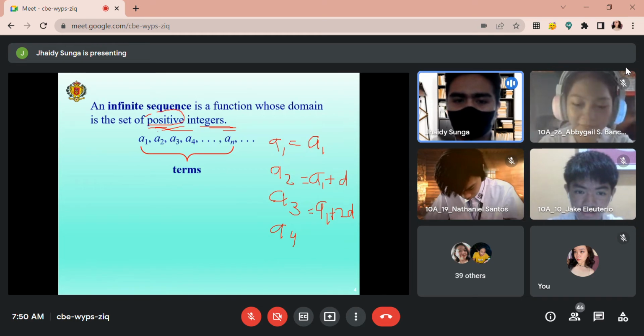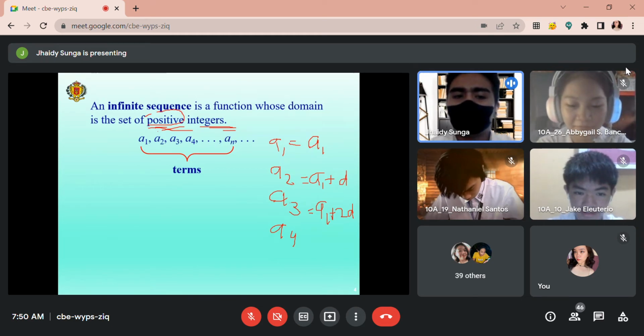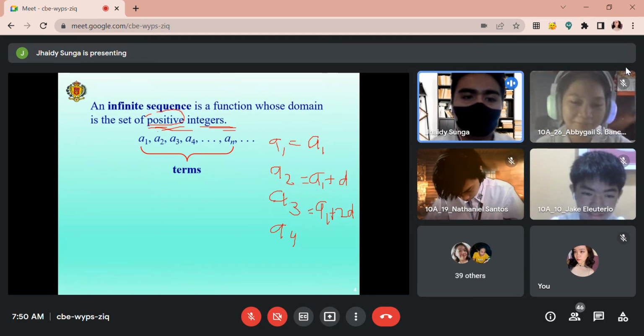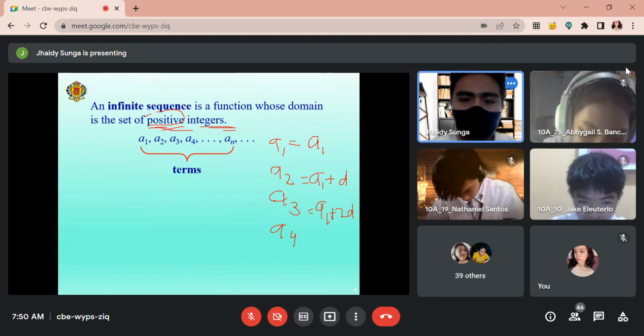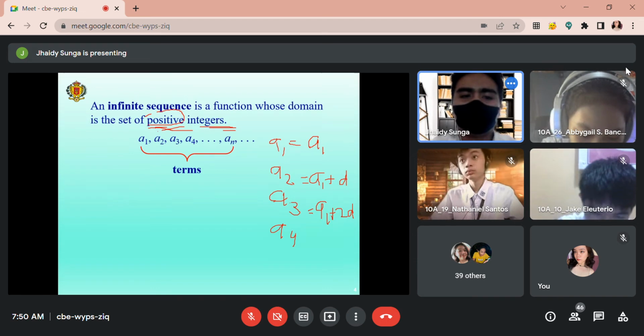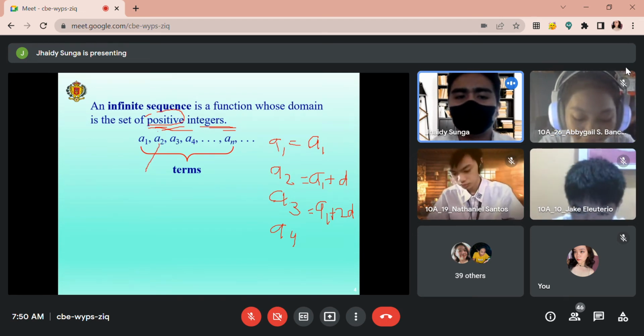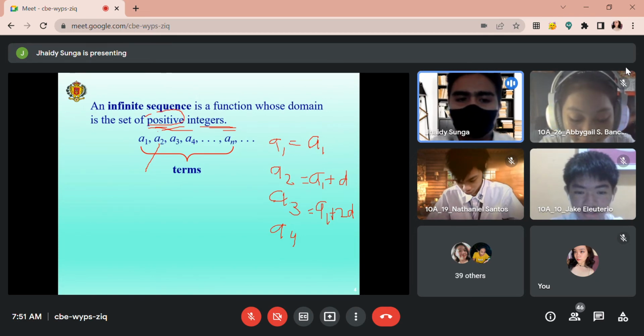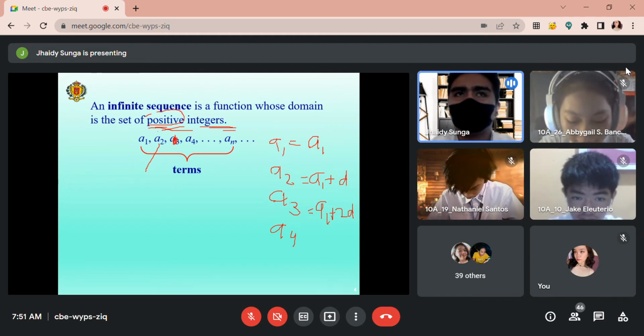The general term is used in order for us to know what a given term is, for example a sub 2. How are we going to know if you have the given a sub 1 and the difference?